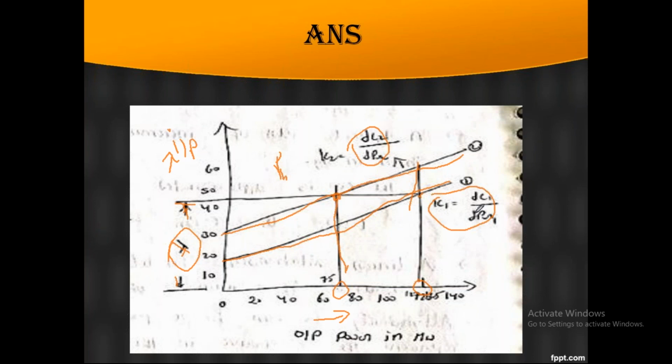This is one of the methods in the incremental fuel cost problem. There is one more problem, I will tell you in tomorrow's class. So are you clear about this problem?